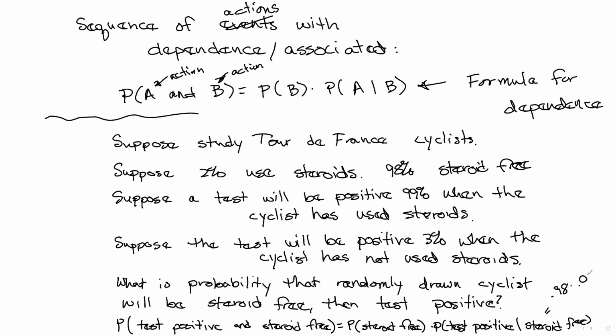So that's 0.98 times 0.03, which gives 0.0294, about 2.9%.